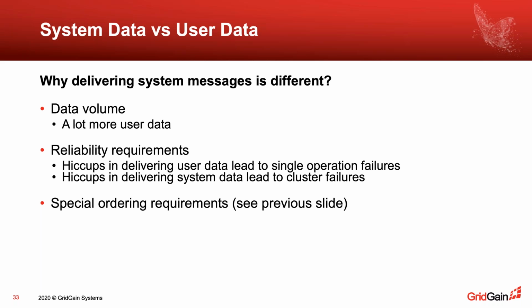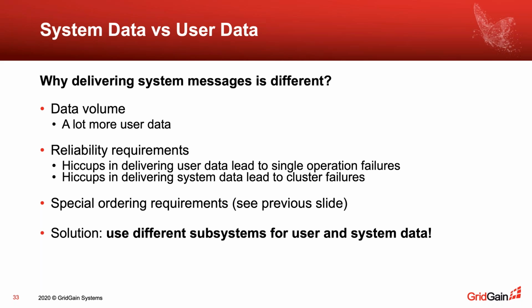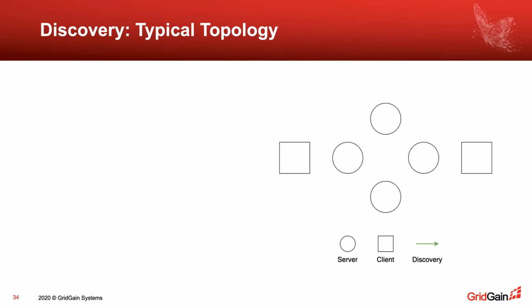So we see that sending system messages and sending user messages is a lot different, and this is why we use different subsystems for sending user data and sending system data. And this is why discovery handles sending system data and communication handles sending user data in an Apache Ignite cluster.